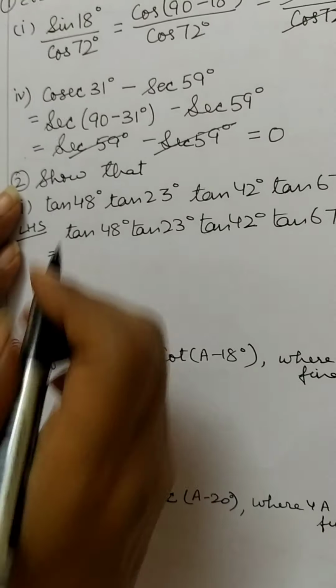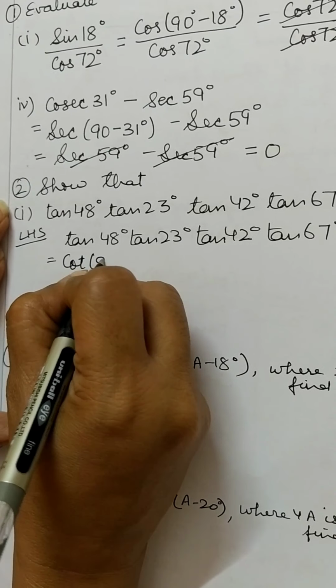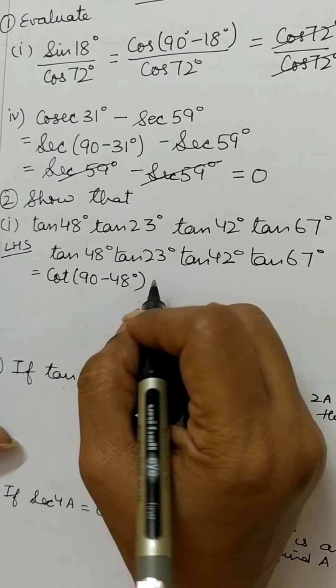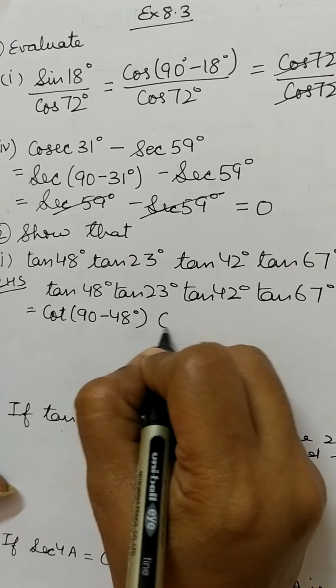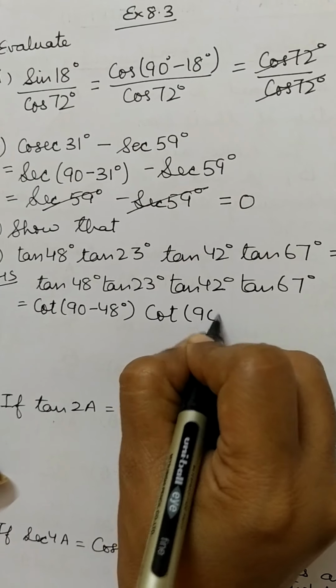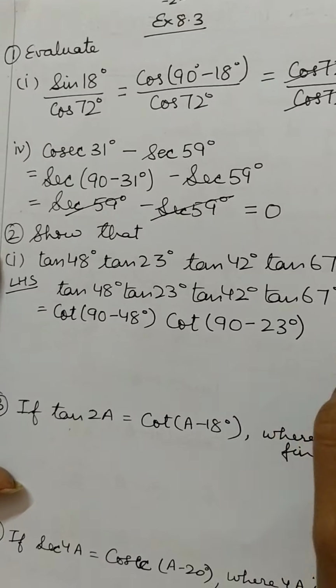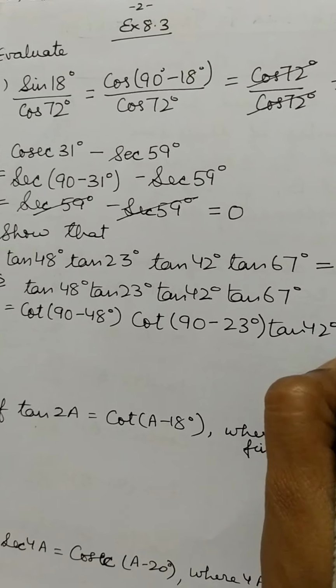So we can write in place of tan 48, cot 90 minus 48. Theta is 48. And tan 23 can also similarly be written as cot 90 minus 23 because tan theta is cot 90 minus theta. Rest of the 2 terms as it is, tan 42, tan 67.